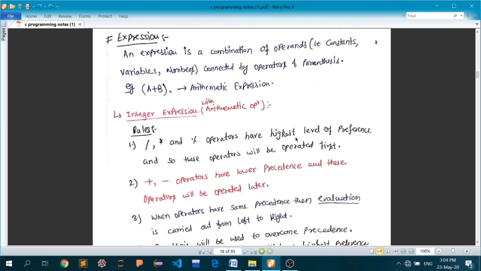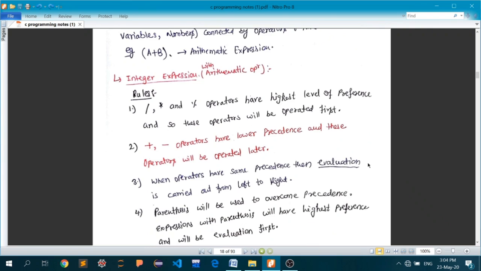The other expressions you will see in abundance are conditional or logical expressions, like some condition, whether that condition is true or false. We will see logical expressions in a few lectures from now.